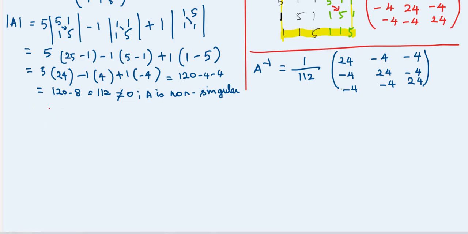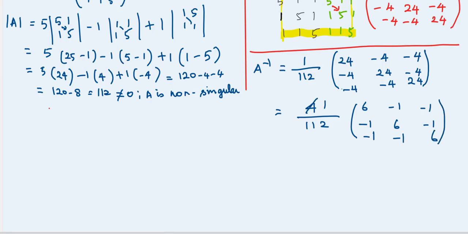So we take 4 out: 4 divided by 112 into the remaining elements 6, minus 1, minus 1, minus 1, 6, minus 1, and minus 1, minus 1, 6. So 4 by 112 is 1 by 28. This is the value of A inverse.